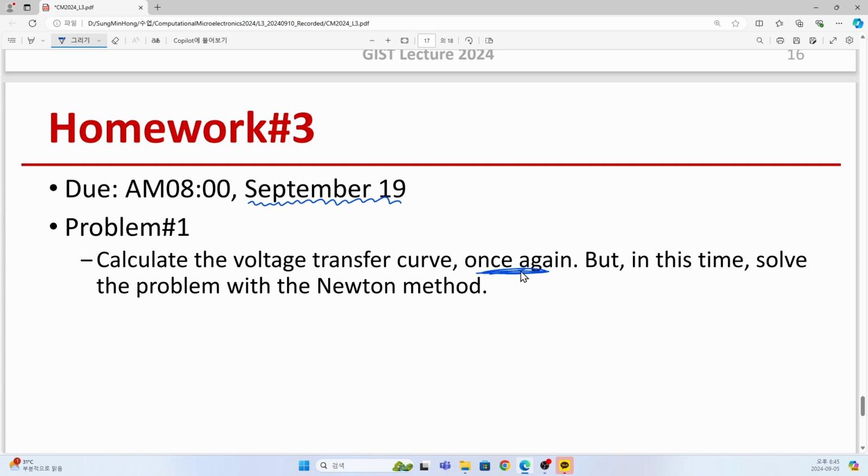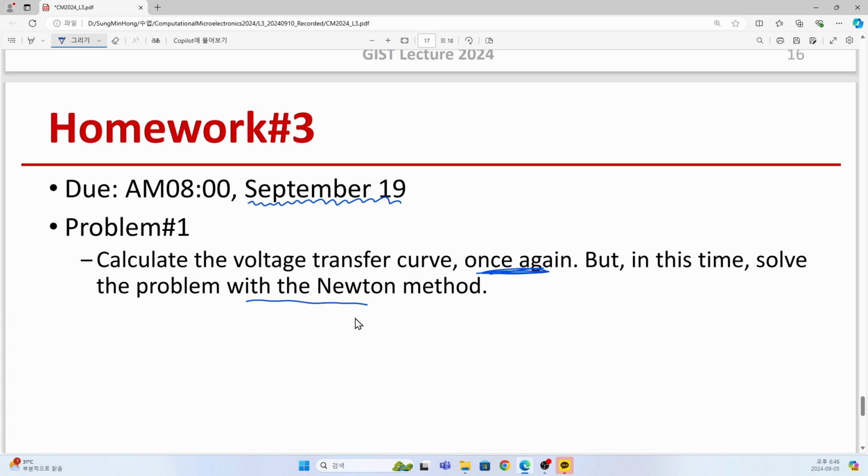However, in this case, solve the problem with the Newton method we have studied in this lecture 3. You will find that the Newton method is really powerful, and the number of iterations required to get the numeric solution can be reduced significantly.